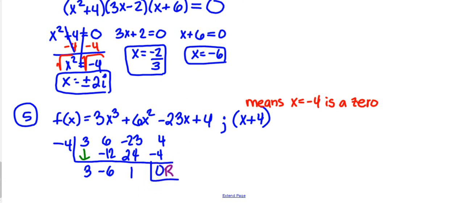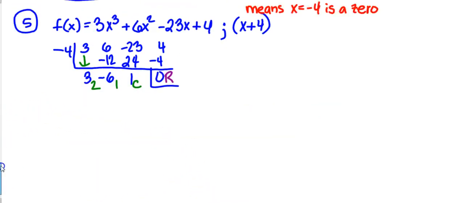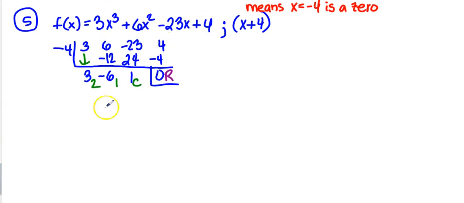Here's my remainder. Constant, 1, 2. So we have 3x squared minus 6x plus 1. And I don't want to forget my x plus 4.